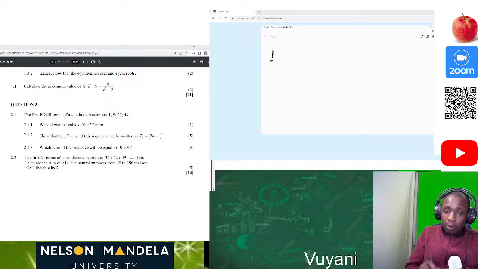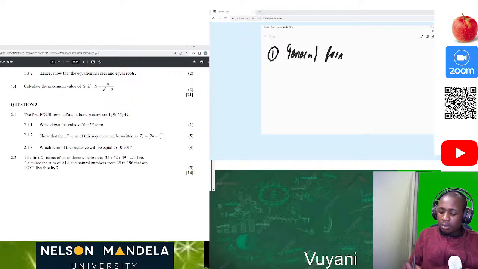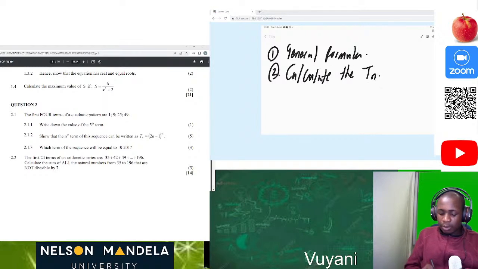Number one, I always tell you, you must be able to know your general formula. You must be able to calculate the Tn. We also should be able to write the sigma notation.